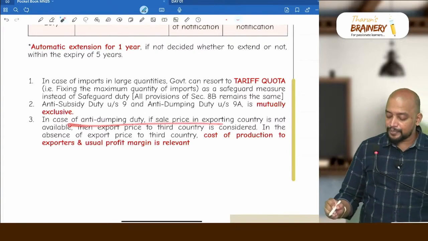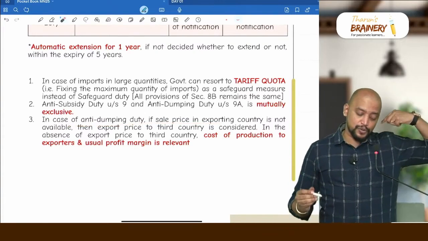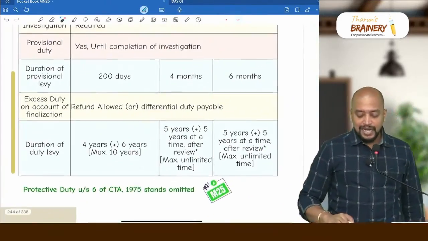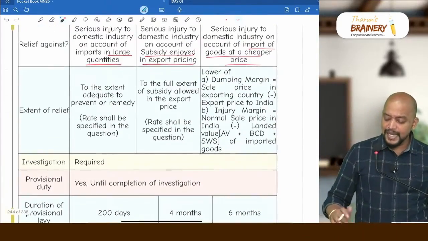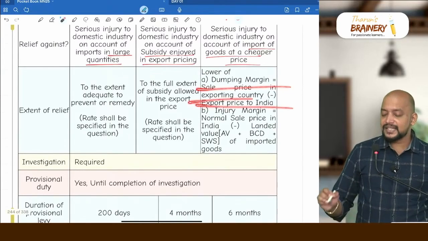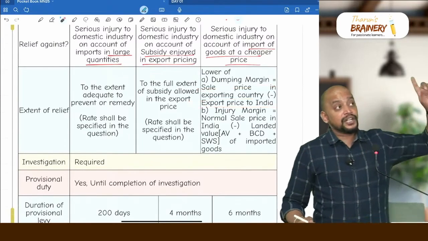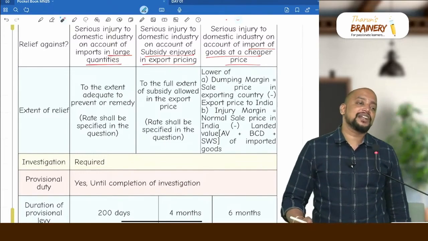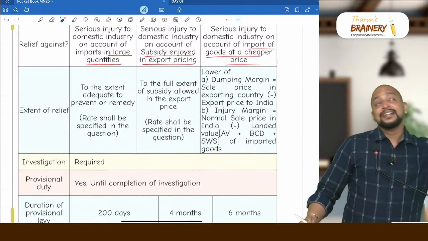In case of anti-dumping duty, if the sale price in the exporting country is not available, because dumping margin is the sale price in the exporting country minus the price at which it is exported to India. What if they are not selling in their country? If they are not selling in their country, we need to see the price at which they are exporting to a third country.